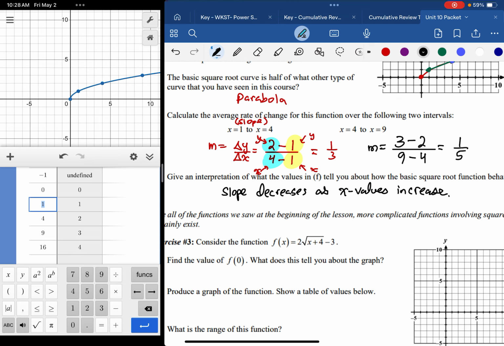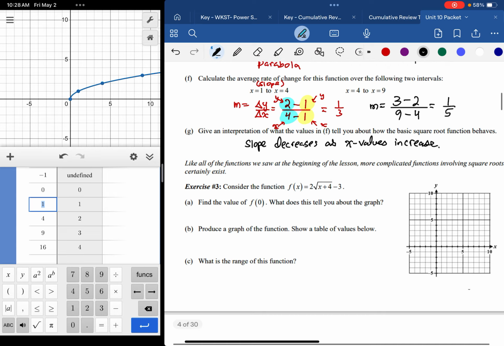The slope will decrease, eventually appearing to be a slope of 0, but it'll never actually get to a slope of 0. It's just going to look like it. You know, when you go to plot points, if you went out to like x equals 100, you're going to see that it looks very, very horizontal, but it's not precisely horizontal. All right, so we'll just say the slope decreases as the x values increase.